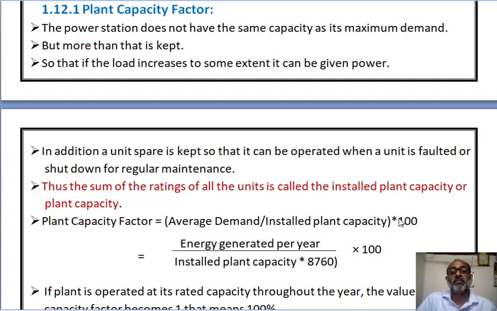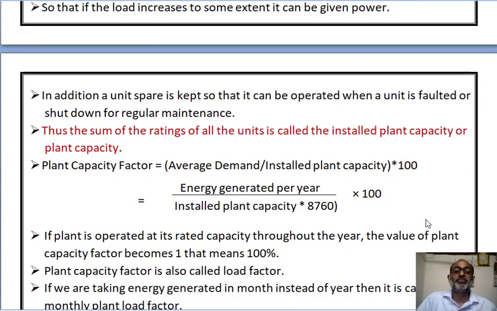That's why we multiply by 100. Average demand we can also write as the energy generated per year: the number of units generated per year divided by installed plant capacity into 8760, into 100.